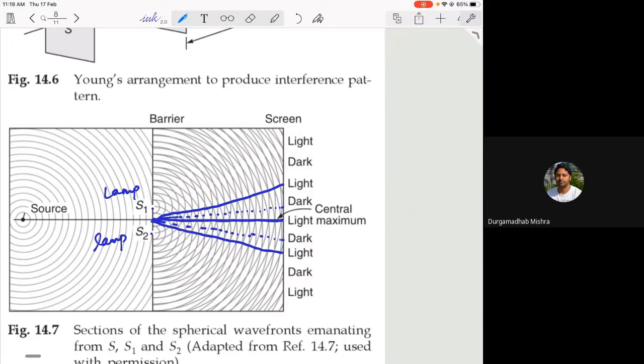Assume both have the same wavelength, lambda, but they are completely different sources, not coming from the same source. I'm putting a sodium vapor lamp 1 and another sodium vapor lamp 2, and now I do this experiment. Do you think there will be interference?